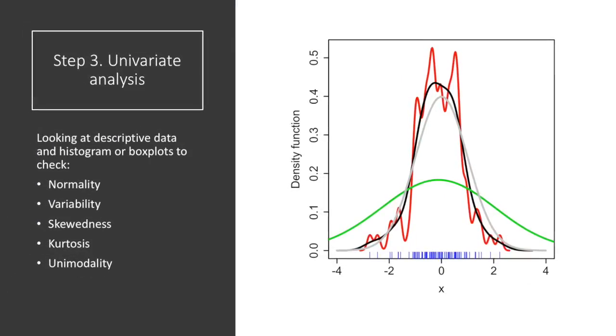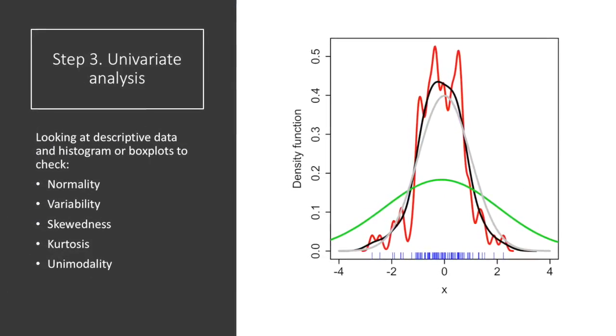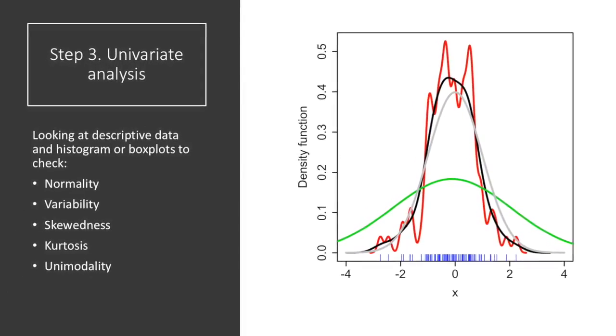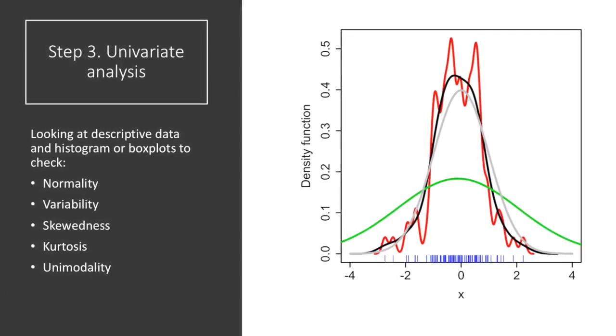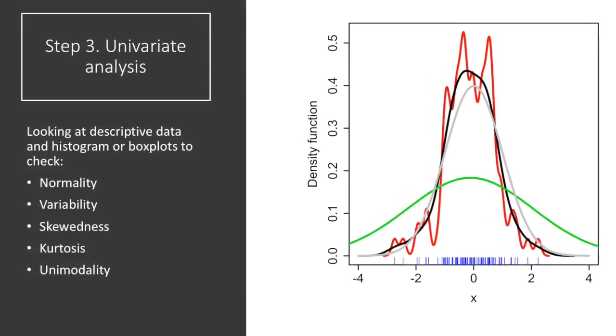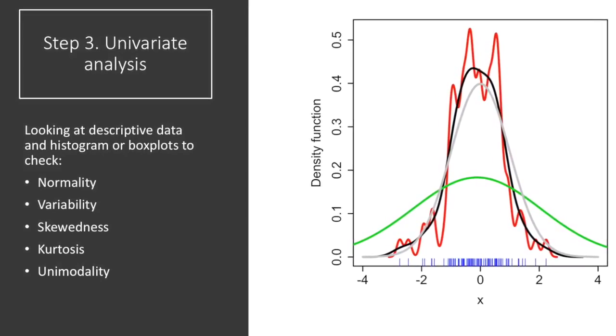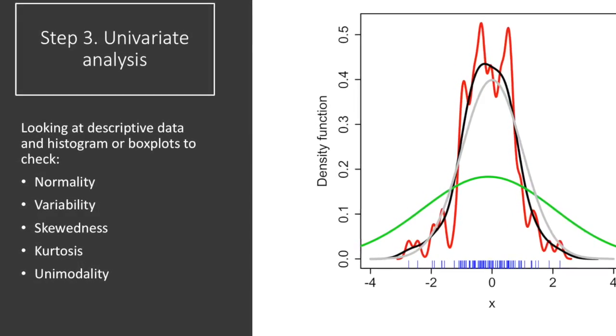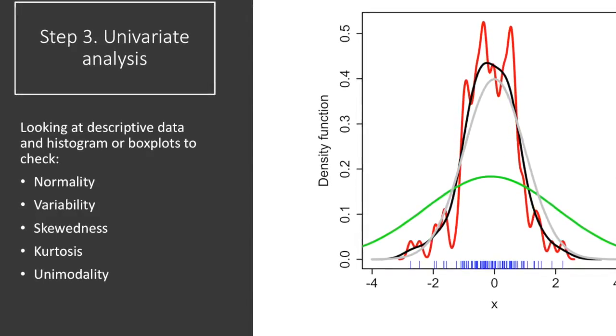Step 3 is the univariate analysis. That is where one must look at the descriptive and graphical summaries, such as the histogram and box plots, to check normality, variability, skewedness, kurtosis, and unimodality.